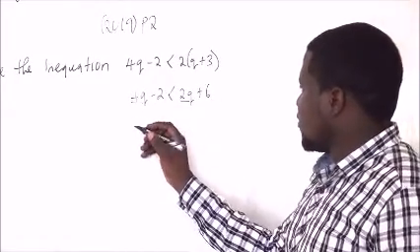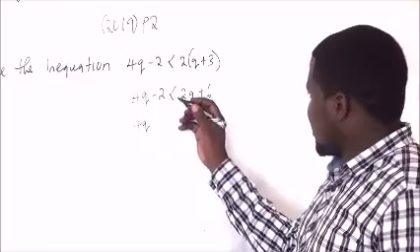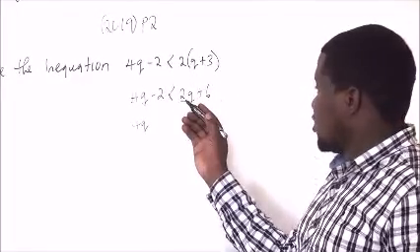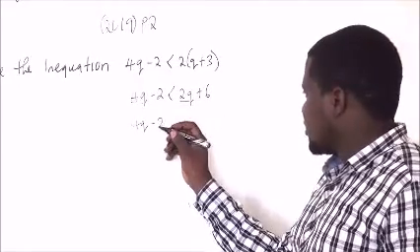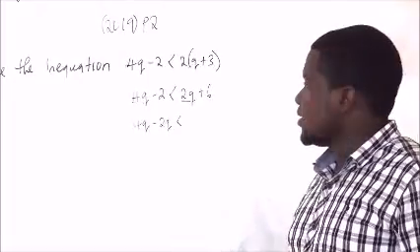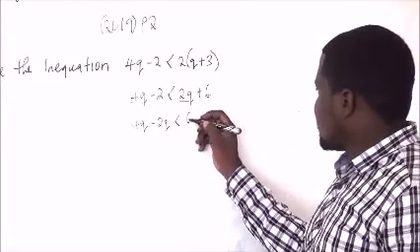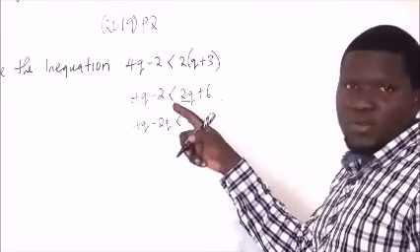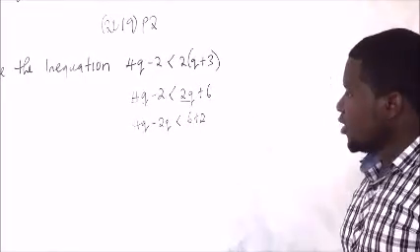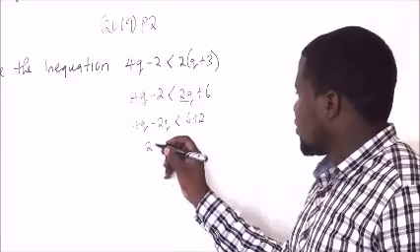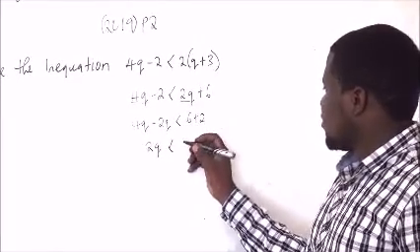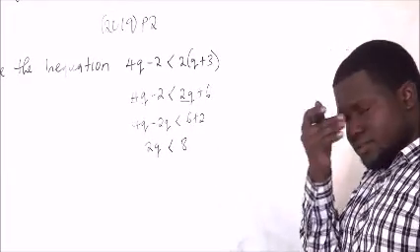So it's going to be 4q, like this. The additive inverse of this, crossing a sign, this is positive, is going to become a minus. Then the symbol, which is less than. And then here we have 6. This is positive crossing the symbol, is going to be a positive. The difference there is going to be 2q less than, when you add it together, you're going to have 8, like this.